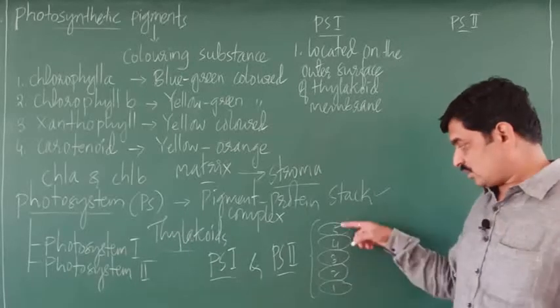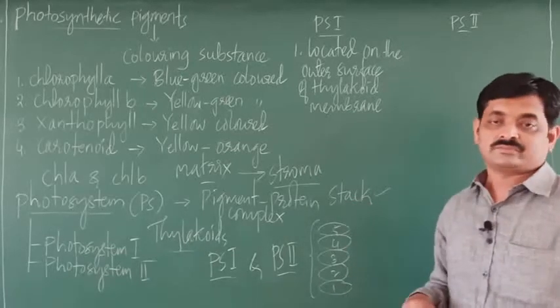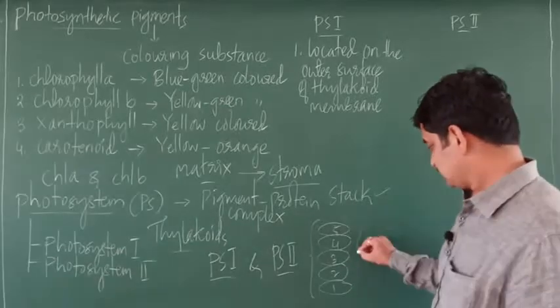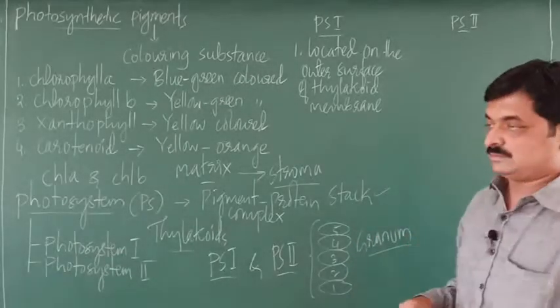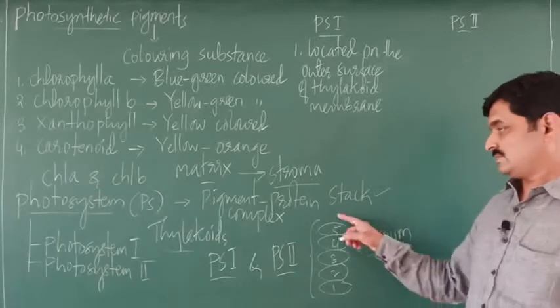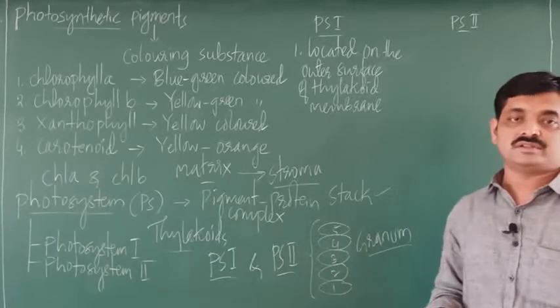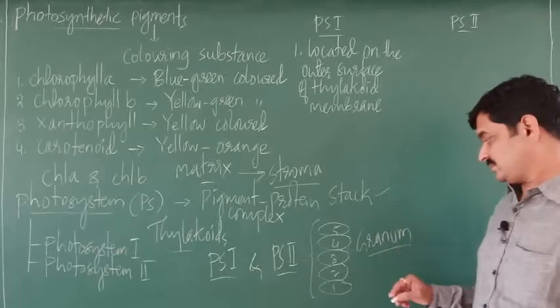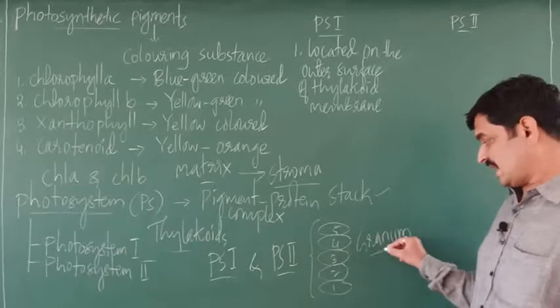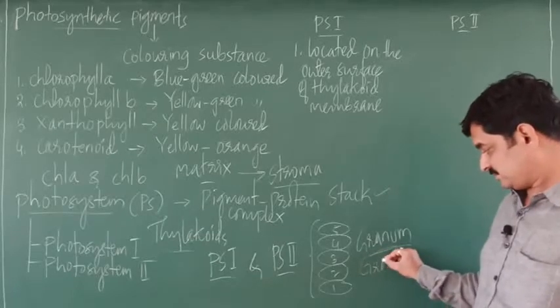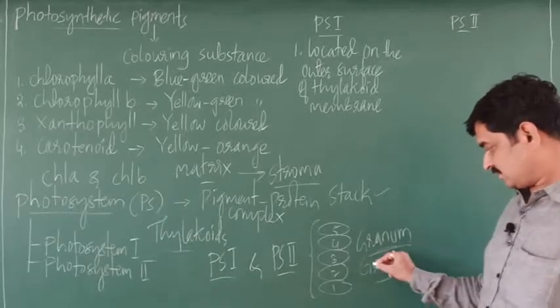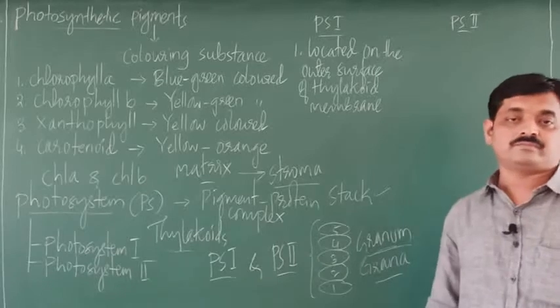So this stack of thylakoids is called granum. Right? This stack of thylakoids is called granum. Singular is granum. Many are called grana.